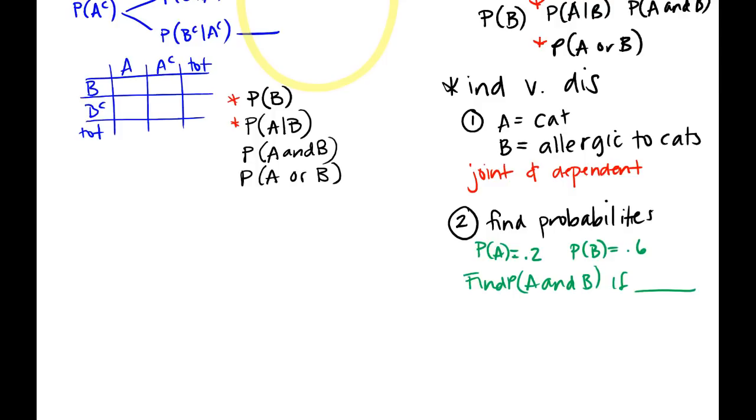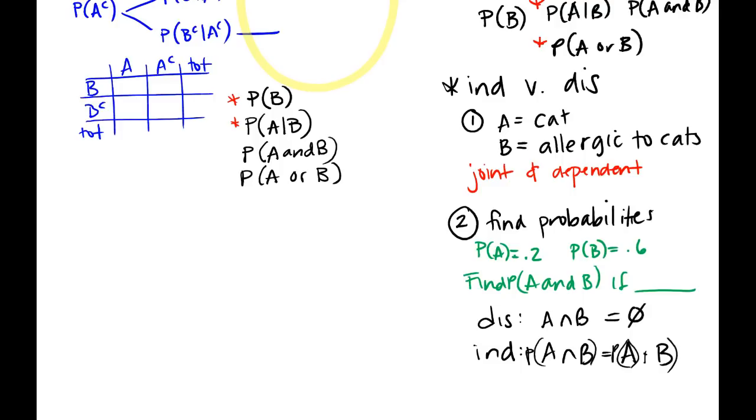The big thing here is the idea that for disjoint, A and B is just 0, and for independent, A and B is A times B, right? And these are probabilities. I'm just being lazy right now. So if you have those 2 things down on your note cards, that these probabilities are where it's at, then you'll be fine. So that's the number 2 way I test it.